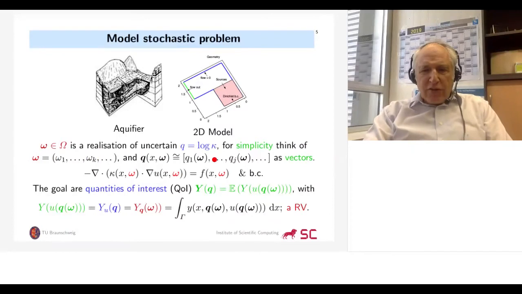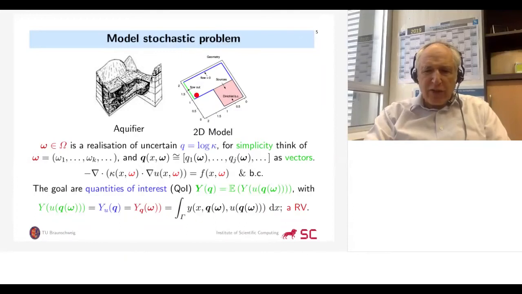Good. So this is now the problem we want to solve. It's an equation which has now become a random equation because there's a random element in there. And again, our goals are quantities of interest, which we saw before, expected values of something like an integral over a certain subdomain, like the outflow on this boundary or something.